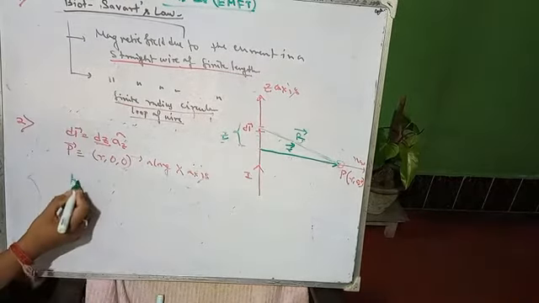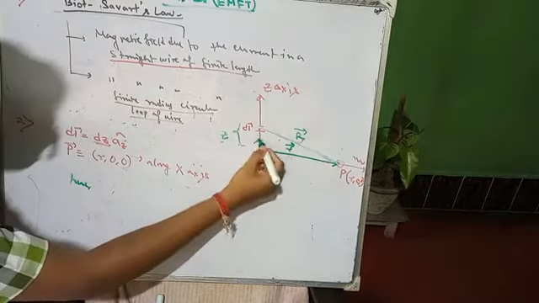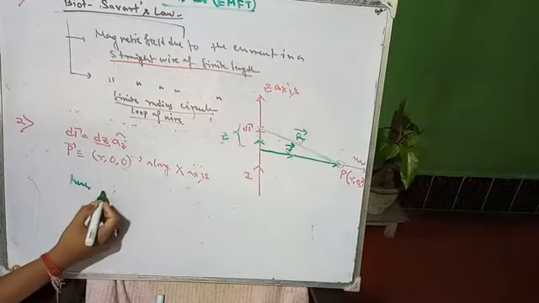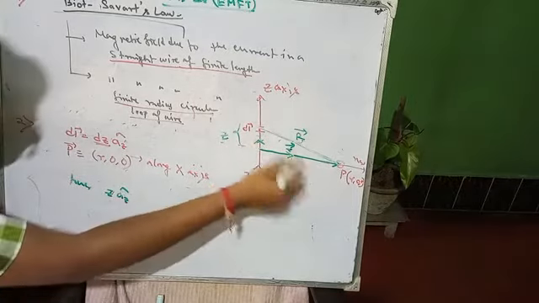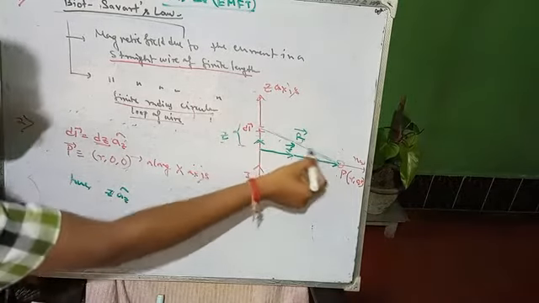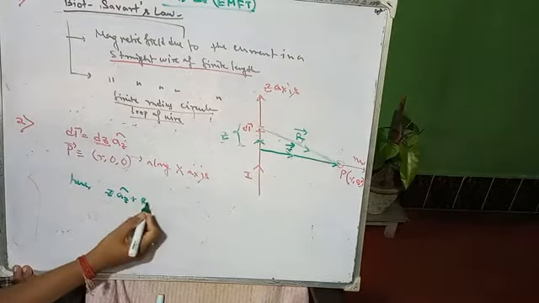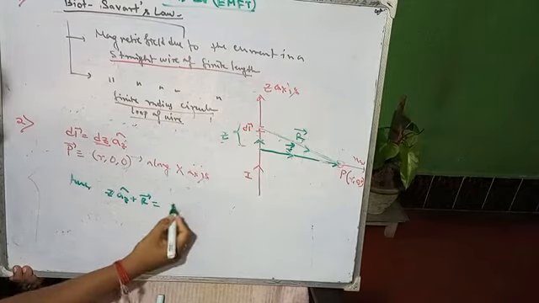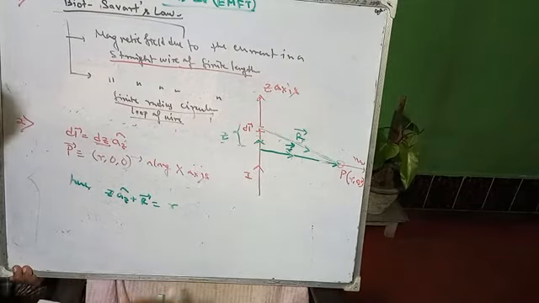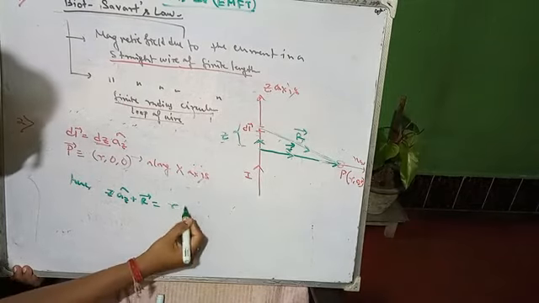Applying the triangle rule, z az cap plus R vector equals the closing arm of the triangle, that is, R vector, or R ar cap.